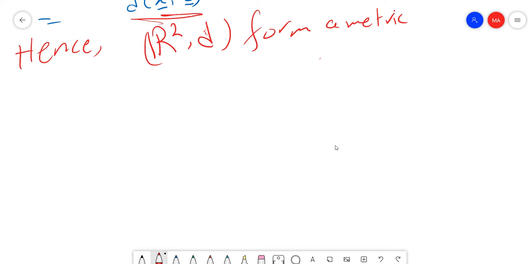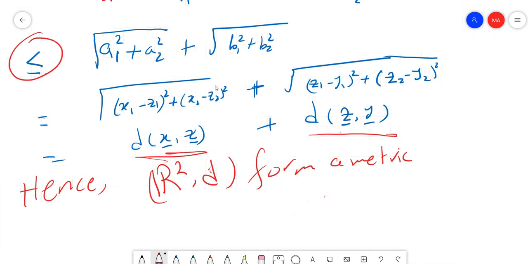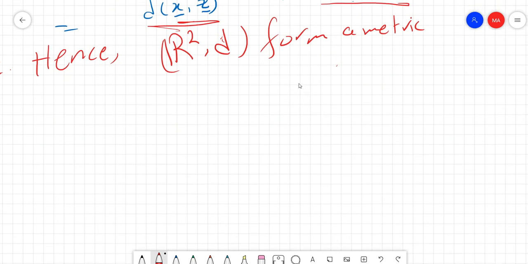We can extend this to n-dimensional space by extending the form of the given metric.